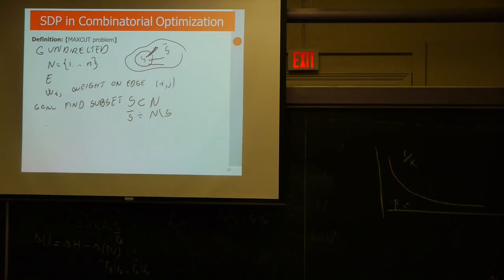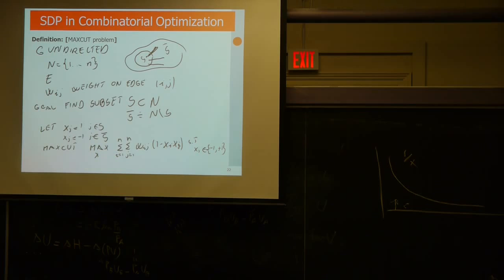So formally, let xj be 1 if j is in set S, and let it be -1 if j is in S bar, the complement of S. And now what we want to do in the max-cut problem is to maximize the sum, subject to xj being plus or minus 1, so it's xi times xj.